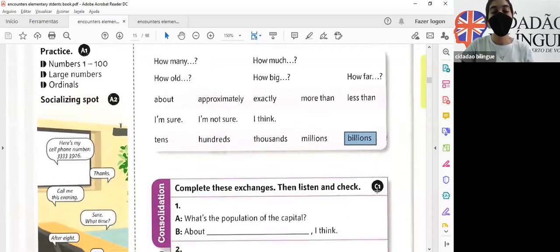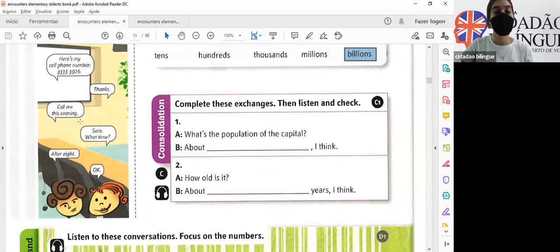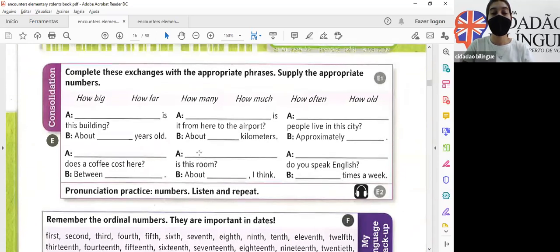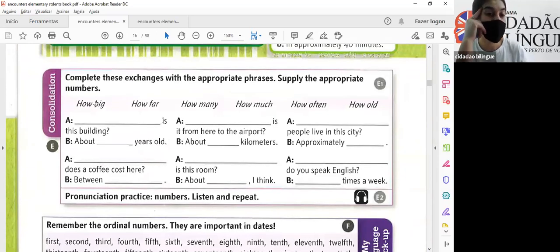So before we do the socializing spots, the consolidation, and the role play, I want you guys to focus on how big, how far, how many, how much, how often, and how old in these dialogues, nestes diálogos, all right? I want you guys to try and solve this dialogue.